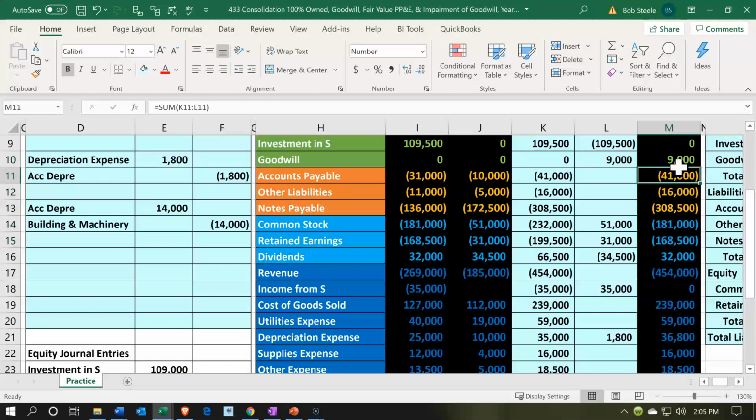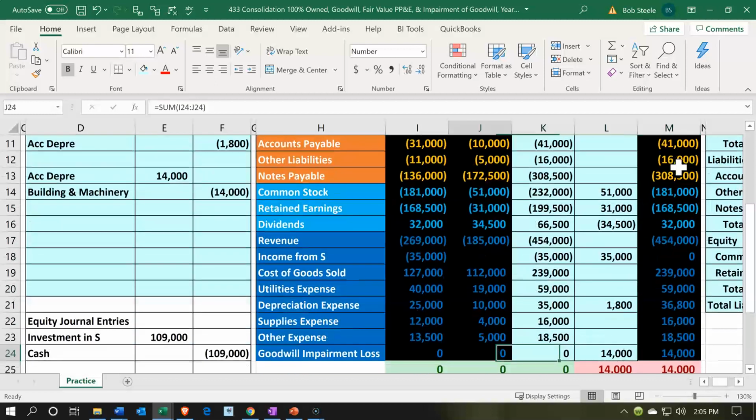So this is a debit. We're going to have to credit it, and the difference is going to go down to an expense account, which is just going to be, you know, there's an impairment down here, goodwill impairment loss. All right, so we're going to have to decrease an asset, and we've consumed it.